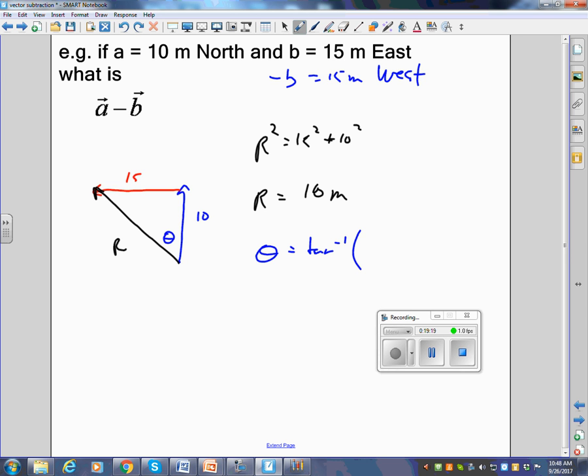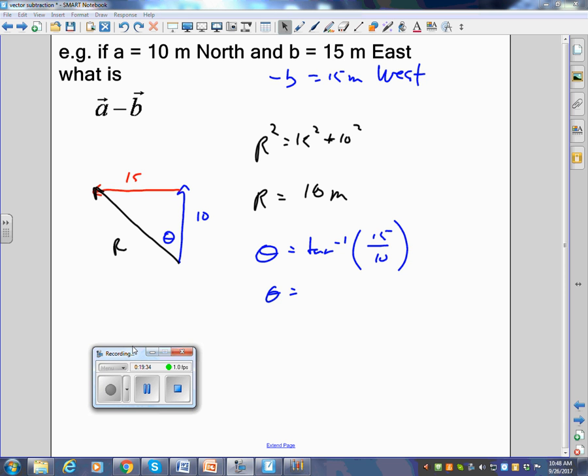There were a couple people that had problems with this part the other day. Opposite the angle, 15 over 10. Okay? If you still haven't got it figured out in your calculator, please ask for help real soon. Second function tan, bracket, 15 divided by 10, 56.